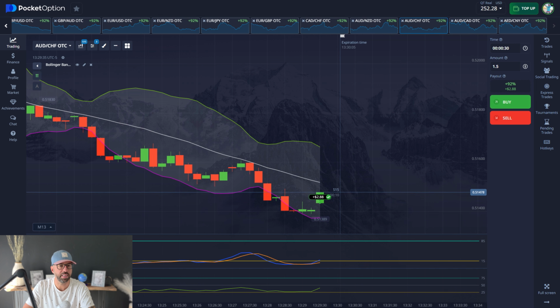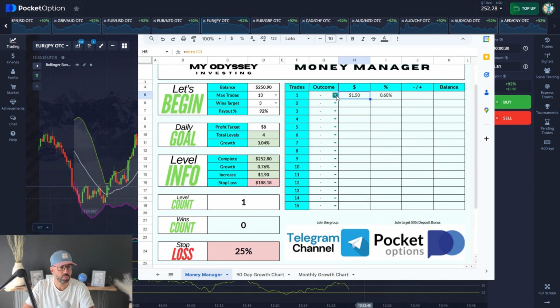All right, let's bring the Ultimate Money Manager back so we can show. Okay, so we had a win, and we can't bet $1 inside of Pocket Option. So we will complete this level, and we will bring this back to par. Our new balance is 252.28.